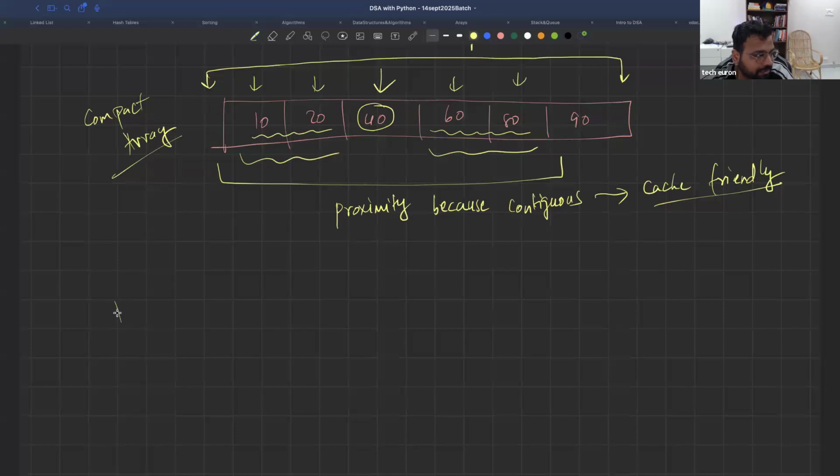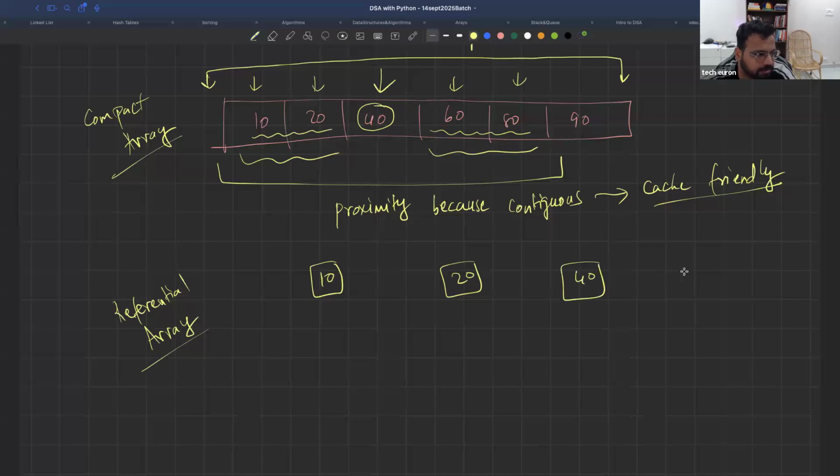But what happens in a referential array? Data is actually not contiguous. If you want to store this, 10 will be somewhere, 20 will be somewhere, 40 somewhere, 60 somewhere, 80 somewhere, and 90 somewhere.